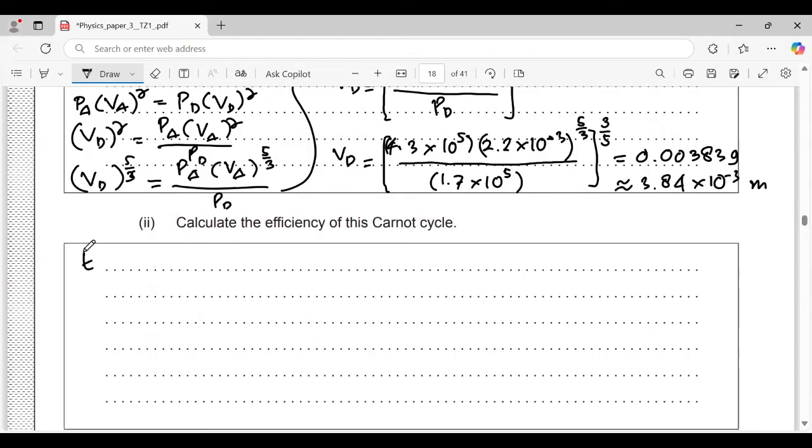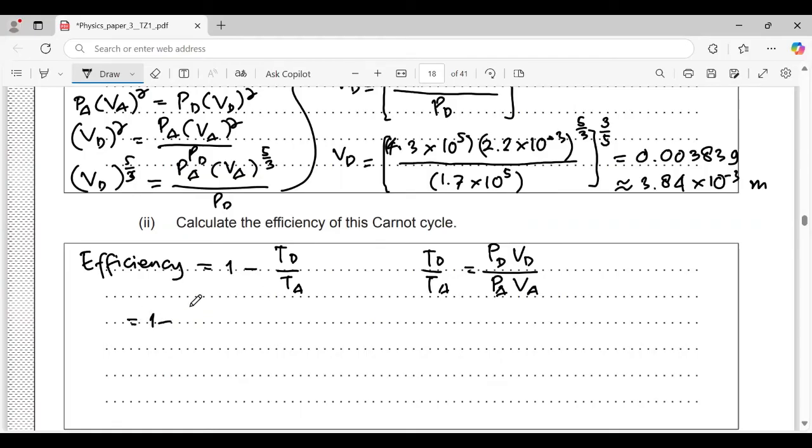Efficiency formula: efficiency equals 1 minus T_D over T_A, which equals pressure at D multiplied by volume at D over pressure at A multiplied by volume at A. So efficiency becomes 1 minus P_D V_D over P_A V_A.